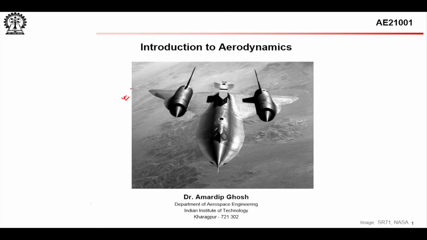So, we have Mach number, which essentially is the ratio of the speed of the object or the speed of the flow divided by the speed of sound, and you understand the speed of sound has to be the local speed of sound. So, if you are trying to calculate the Mach number of an aircraft flying at say 30,000 feet, you have to find the velocity of the vehicle and divide it by the local speed of sound, and you will get the Mach number at which the vehicle is flying.